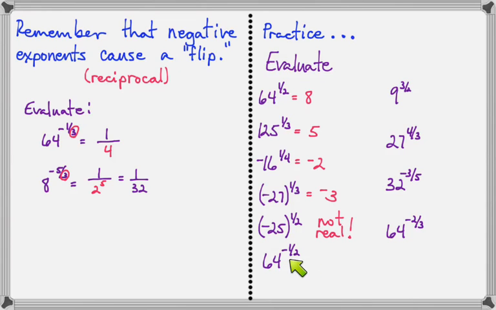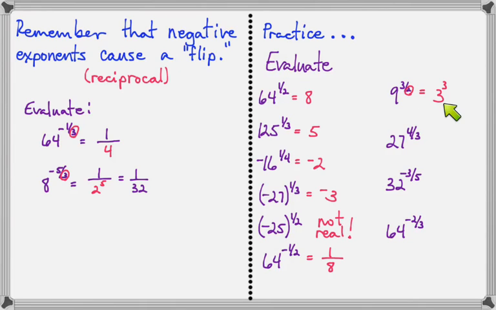Okay, here is 64 to the negative 1/2. The square root of 64 is 8, but the negative exponent is going to cause it to be a reciprocal of 8. And now let's do these. The square root of 9 is 3. So at first I do the square root. The square root of 9 is 3.